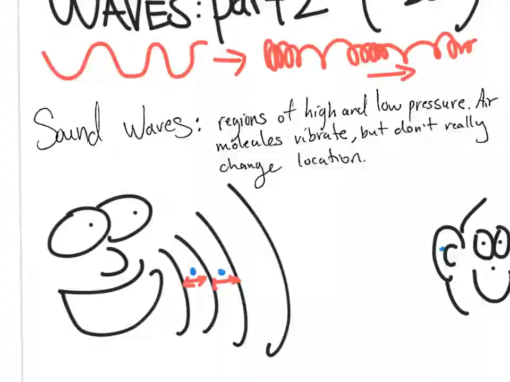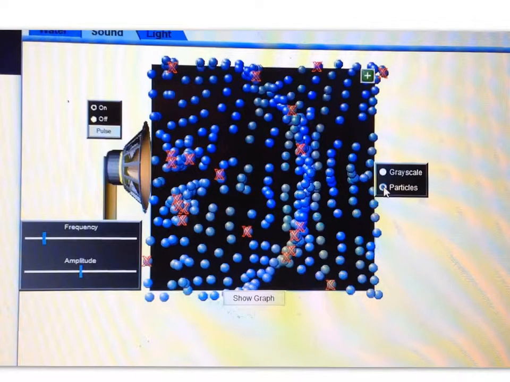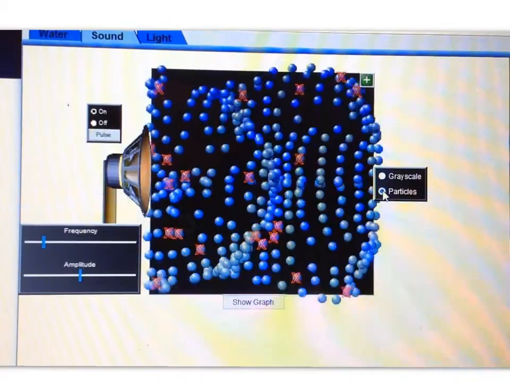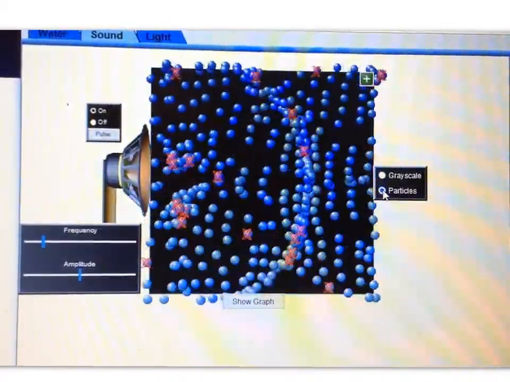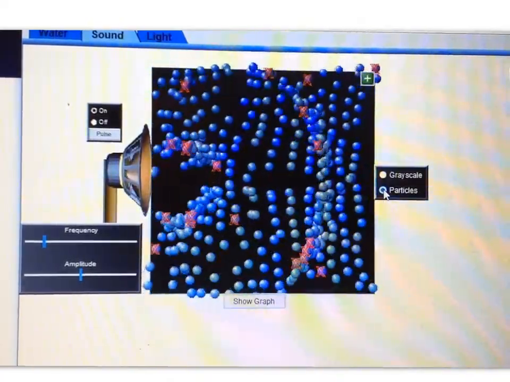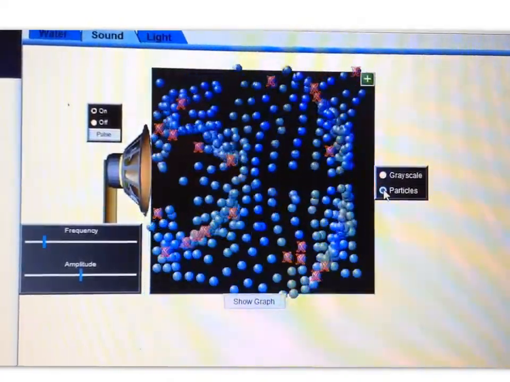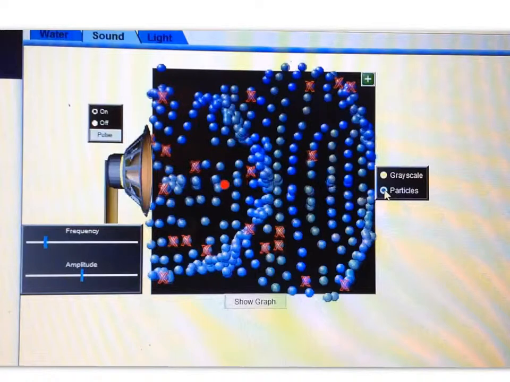So let's take a look at this. We're talking about sound waves, and I'll let you figure it out. Let's see what happens here. Okay. So take a look at the X. There are some X's here, and those X's are just to represent a specific molecule. If we were to follow this guy around, this air molecule is just doing this.